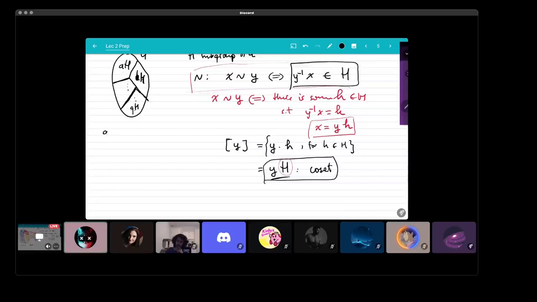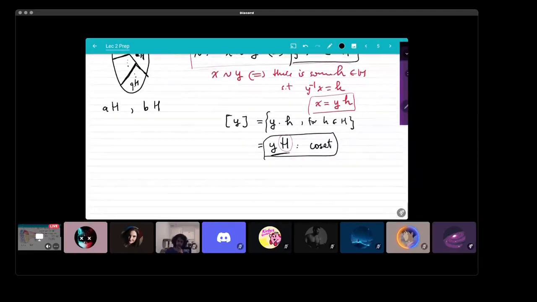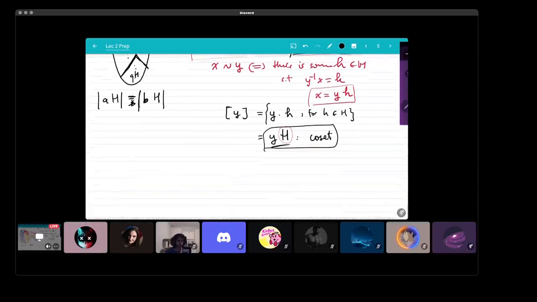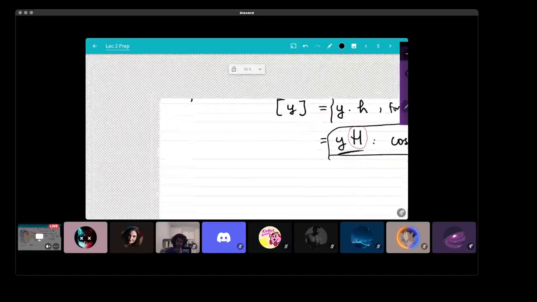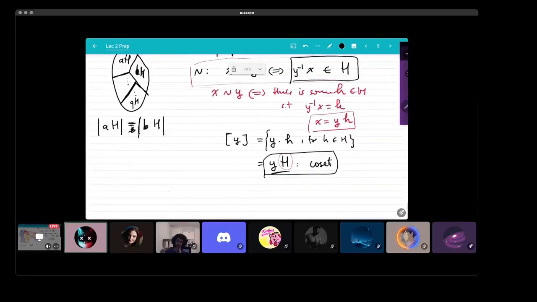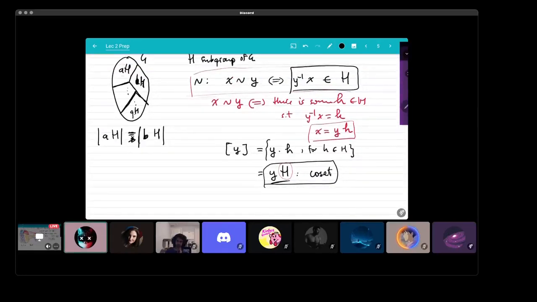If I take aH and bH, the number of elements of this is equal if they're finite. For instance, they have the same cardinality. So in some way these areas are the same size.